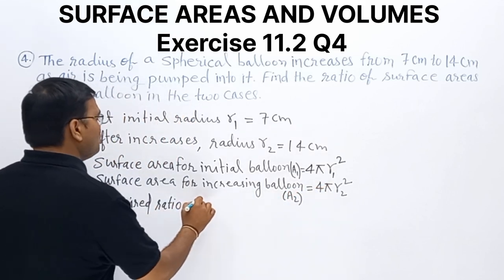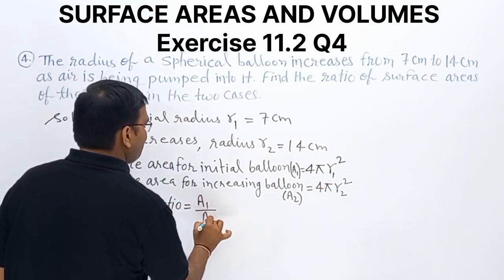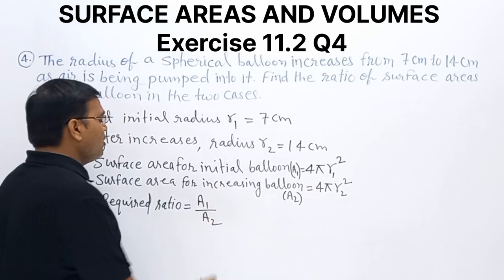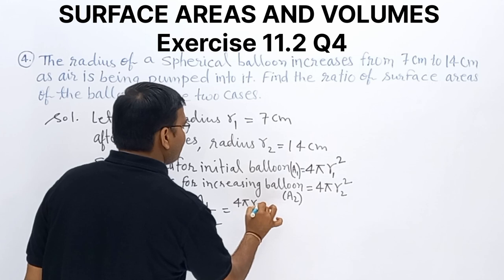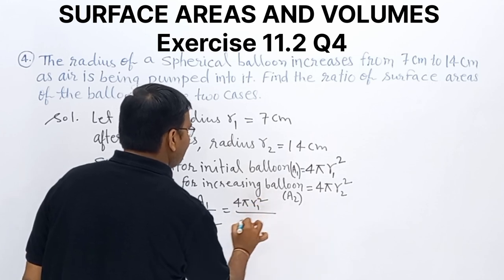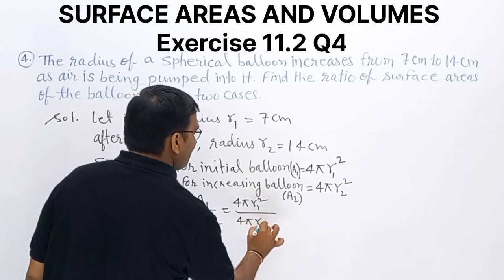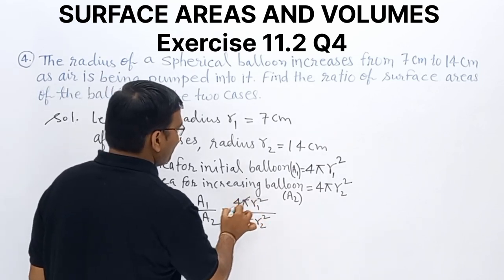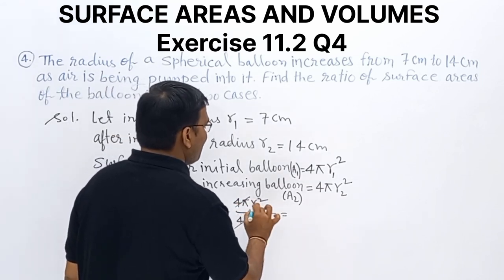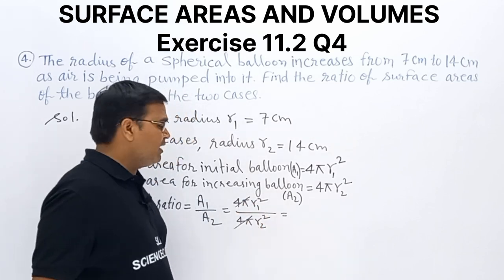So the required ratio A1 upon A2 is 4 pi r1 square divided by 4 pi r2 square. Clear? 4 pi and 4 pi cancel. We get r1 square by r2 square.